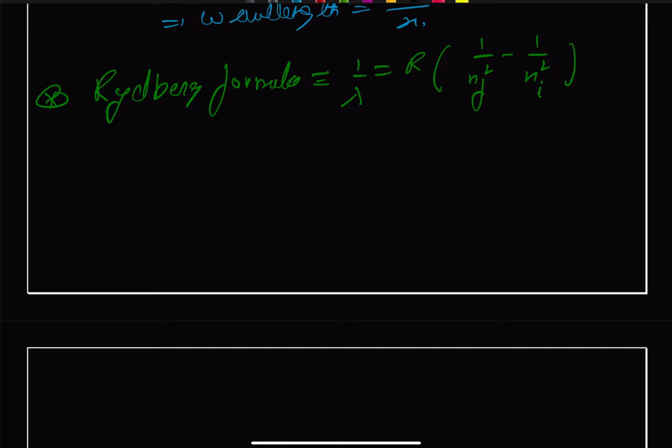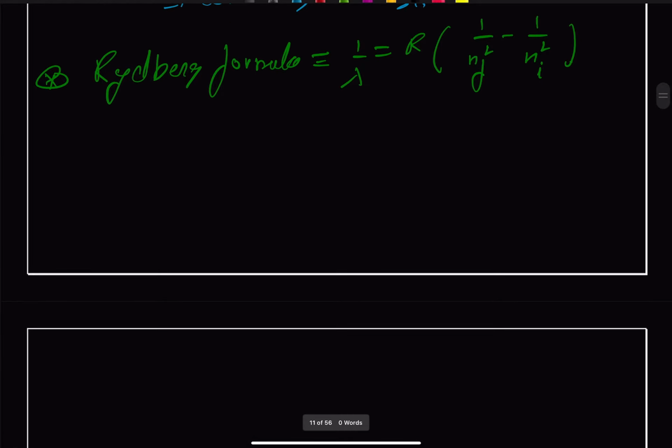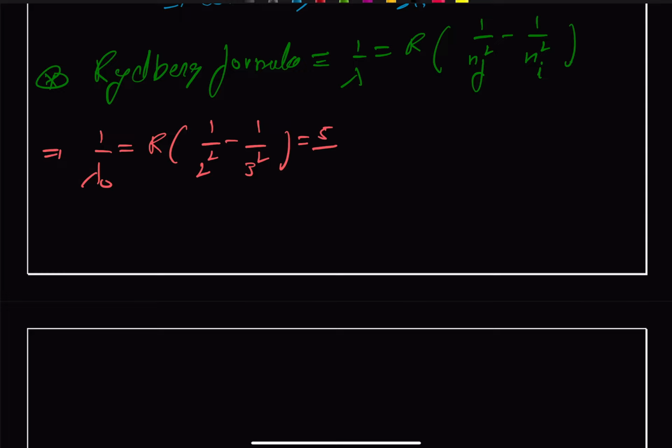First wavelength is our lambda naught. Your first transition is from 3 to 2. Therefore, we can write this as 1 upon lambda naught is equal to r, 1 upon 2 square minus 1 upon 3 square, and this comes as 5 upon 36 times r.